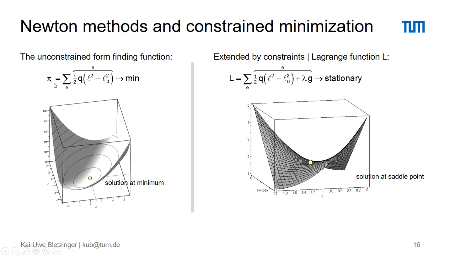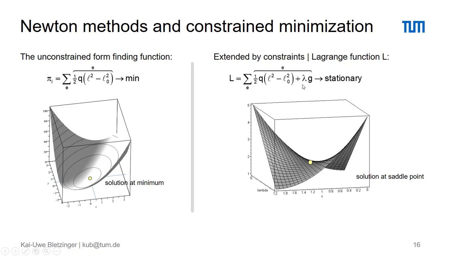So that's our original formulation, which in the plain force density method is a quadratic problem, which may look like that, where we indeed have just one unique solution, the global one, at the minimum of this quadratic problem in the center of the quadratic contour lines.